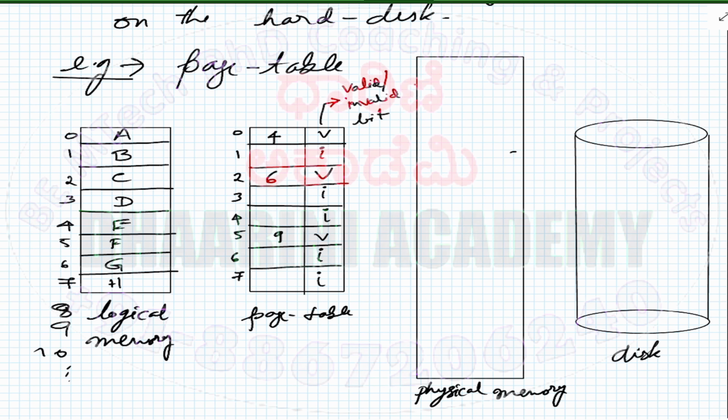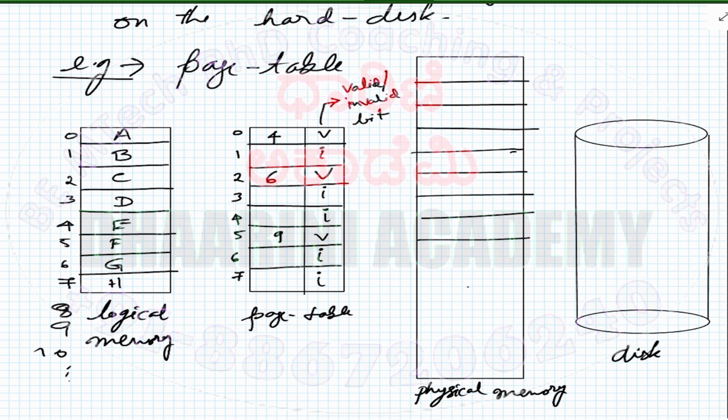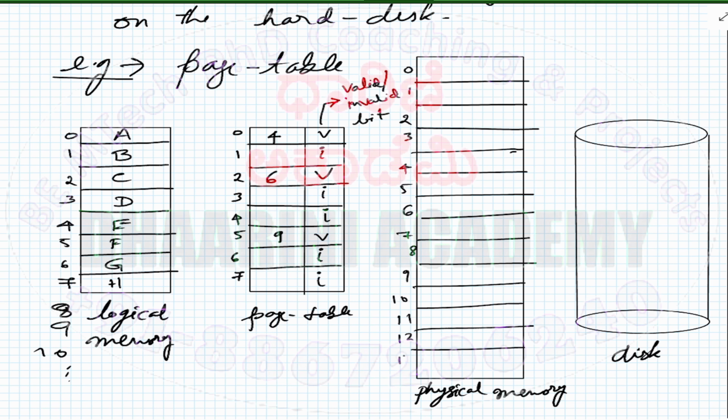Now again, we know that physical memory will have its own addressing. Maybe the addresses corresponding to them will be 0, 1, 2. So when it says 4, this part is called a frame.